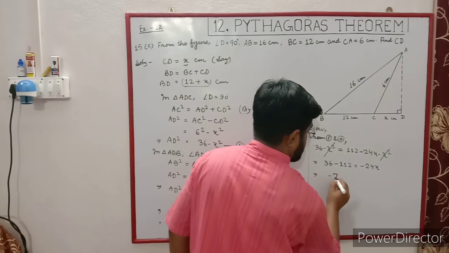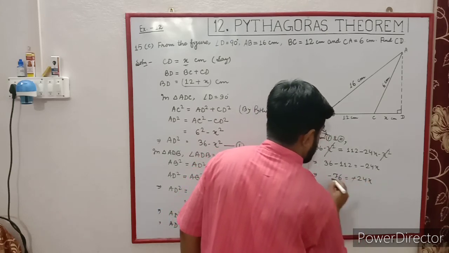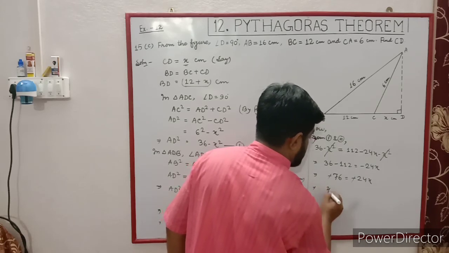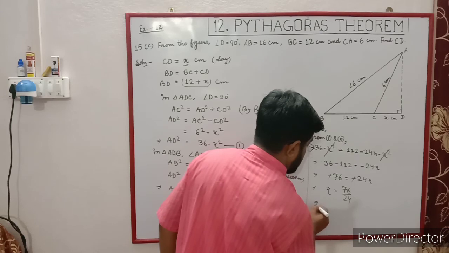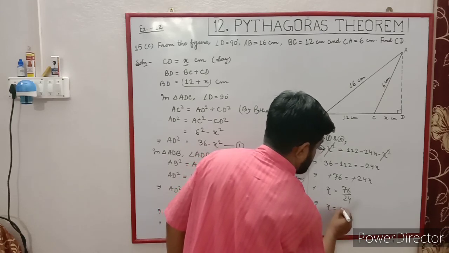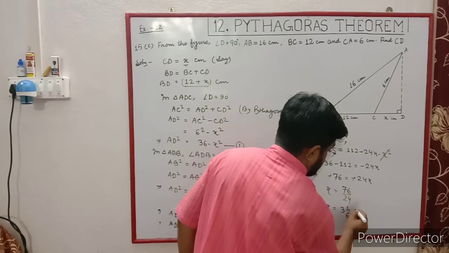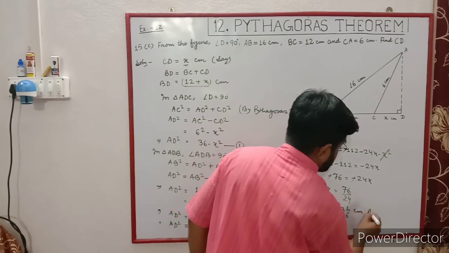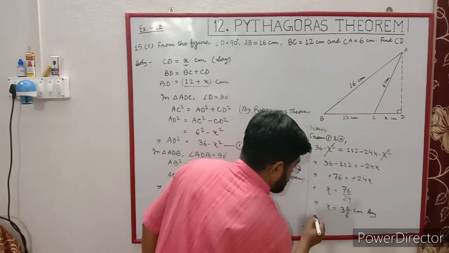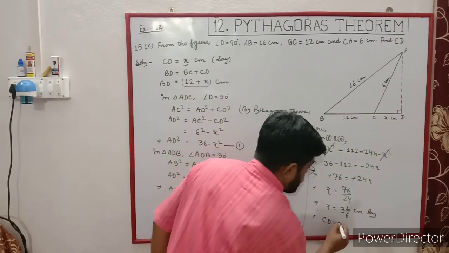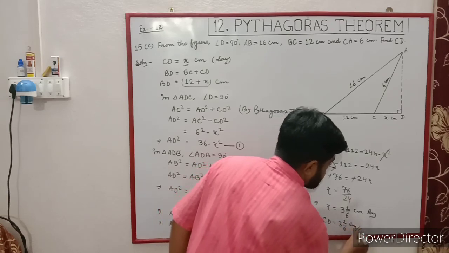Now minus 76 is equal to minus 24x. Minus sign will be cancelled out. So x is equal to 76 by 24. Now after simplification we have x is equal to 3 whole 1 by 6 centimeter. That is answer. This is the value of CD. So we can say that CD is equal to 3 whole 1 by 6 centimeter.